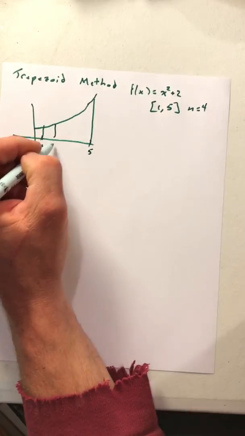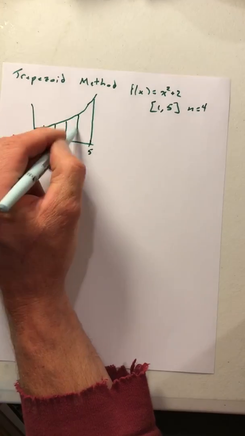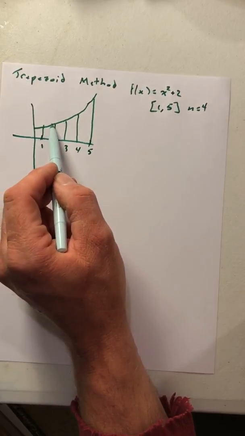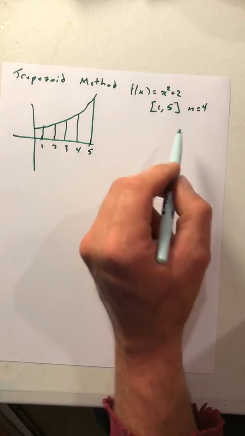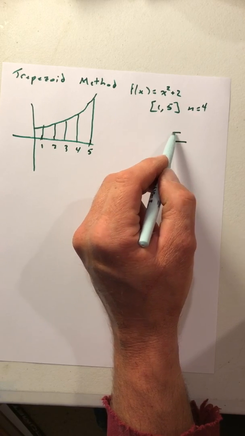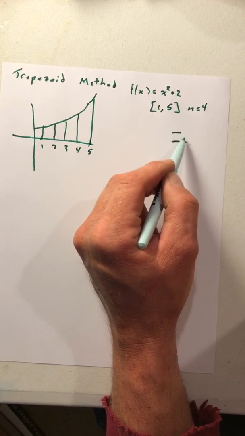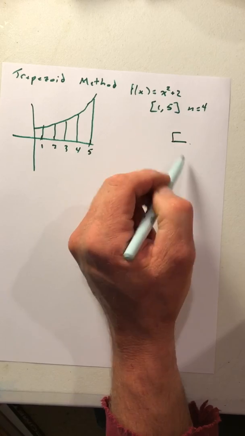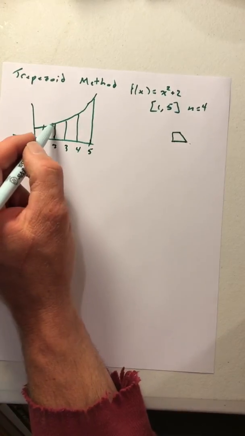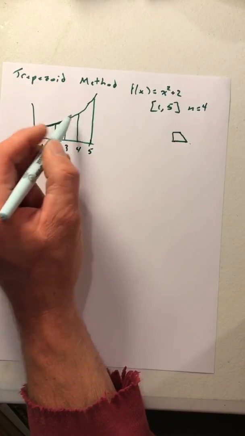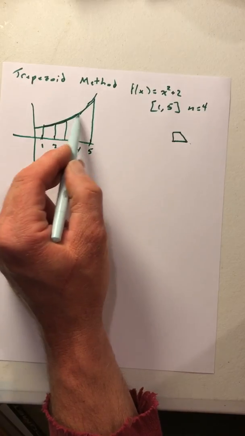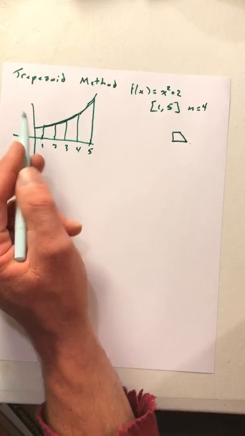We're going to cut it into those 4 units, or 4 sections. But now what we're going to do is create trapezoids in here. Remember, a trapezoid has 2 parallel sides. So those parallel sides, the other sides, they can be angled or they can be perpendicular. So that can be a perpendicular line, maybe an angled one there. So here, if we create those trapezoids, we should see that it follows that curve pretty doggone close.